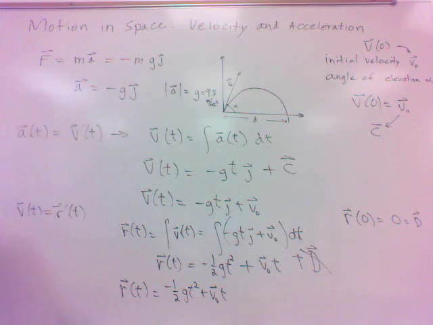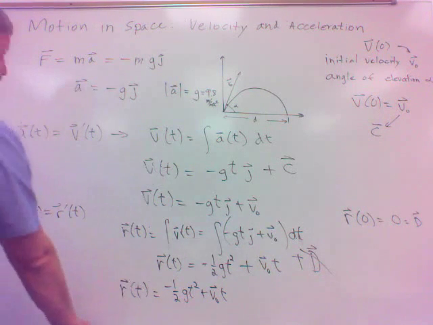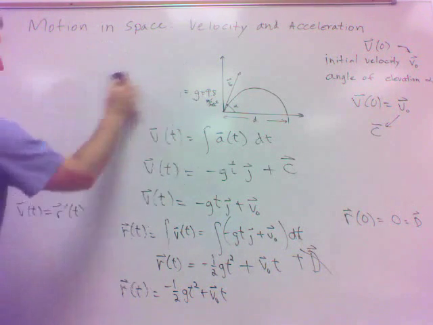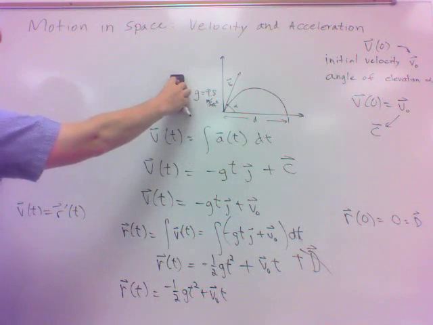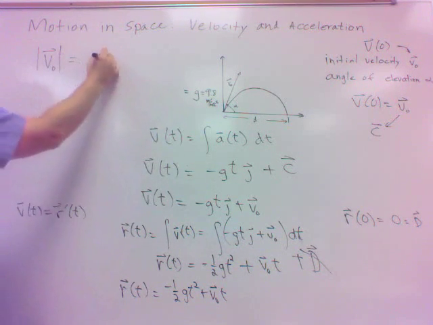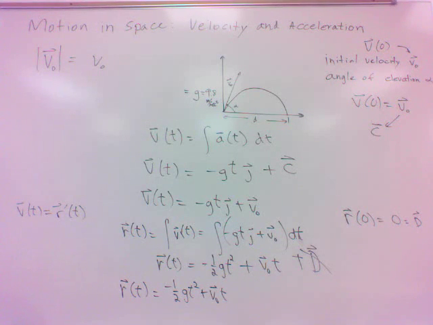Our initial velocity vector is v0, and the magnitude of v0 they're just going to let be v sub 0, just a number instead of a vector. That's just the magnitude, the speed at which you fire the projectile initially.